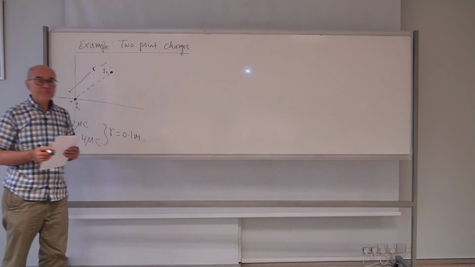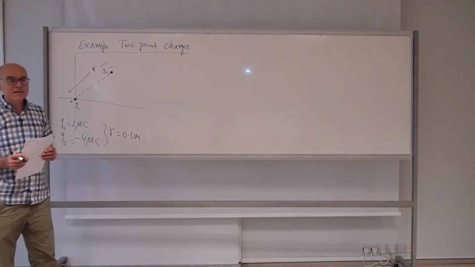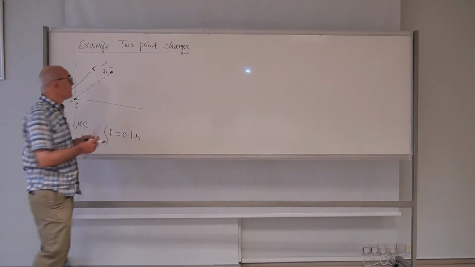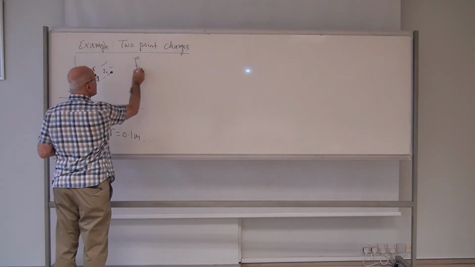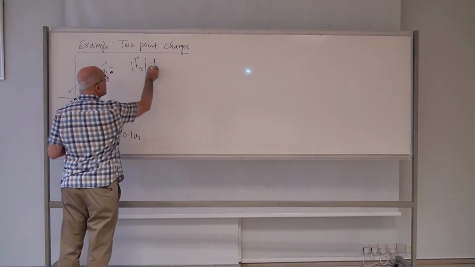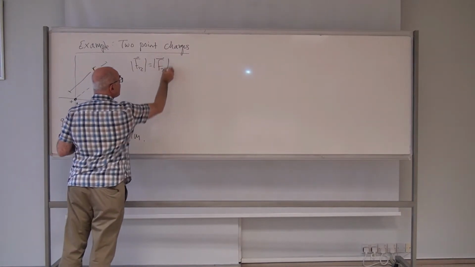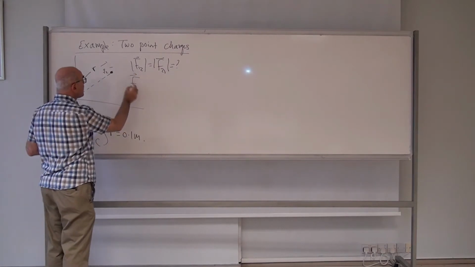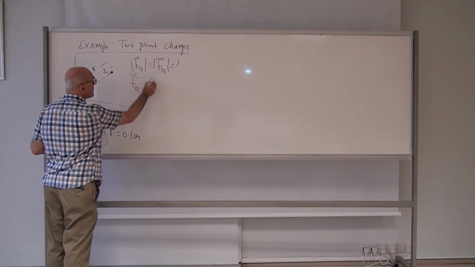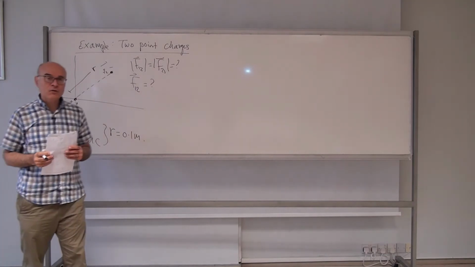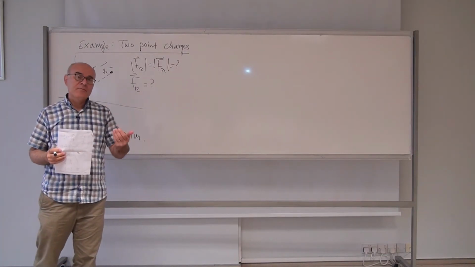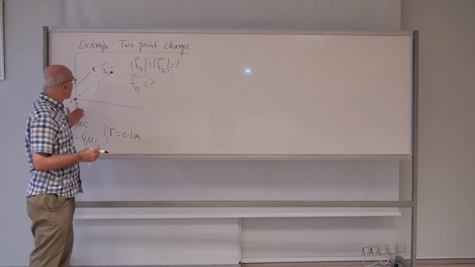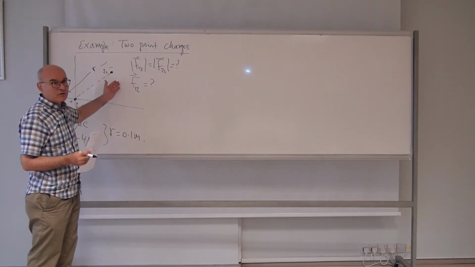Now, what I need to find is the magnitude of the force F12, which is the same as F21. And also, I want to find an expression for the vector F12, which is the force vector by charge 1 on charge 2.